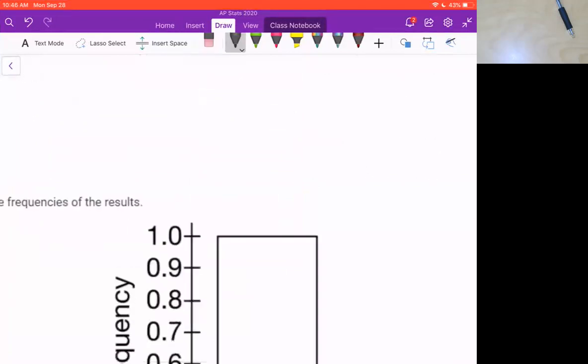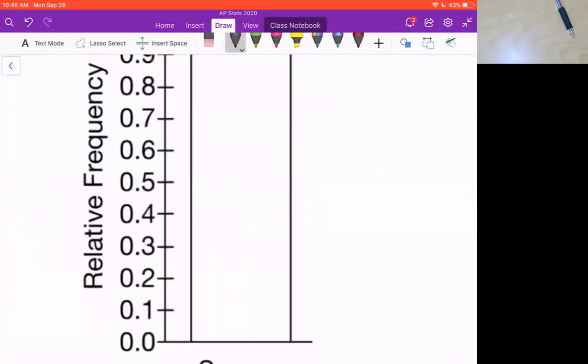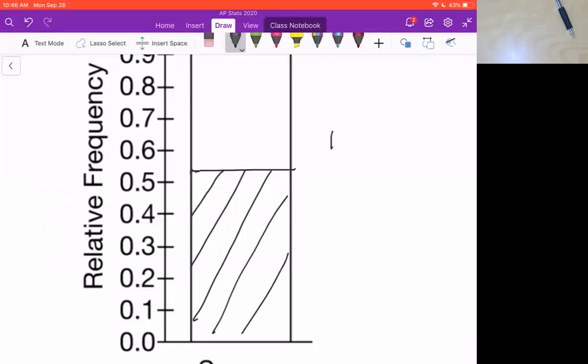Now come over here, 0.525. So that's probably about right here. And then if you had the ability to do colors, fine, but if not, I can just draw something like this. And then on my key over here, I would say that those lines going that way are the people that responded yes.